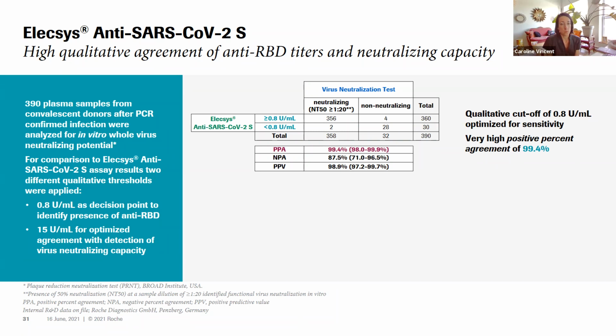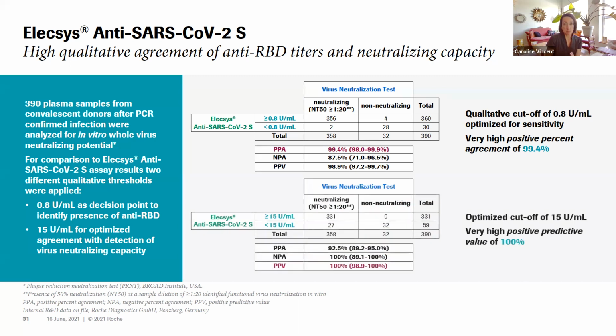And so from the data that we see here, basically when using the Elecsys assay cutoff of 0.8 unit per ml, we obtain a very high positive agreement of 99.4% and a positive predictive value of 98.9% between these two assays.